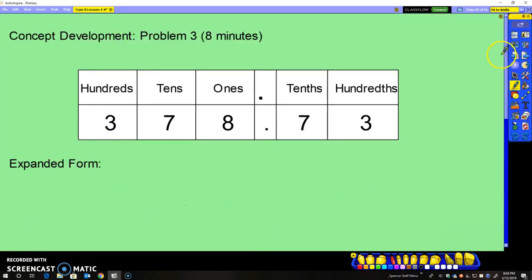Oh, you know what? This is the same number. Let's change the number a little bit.